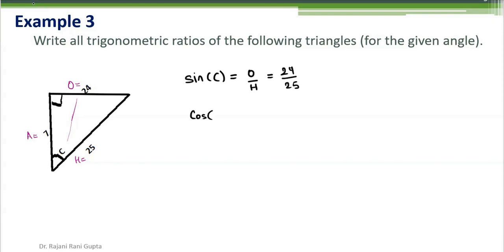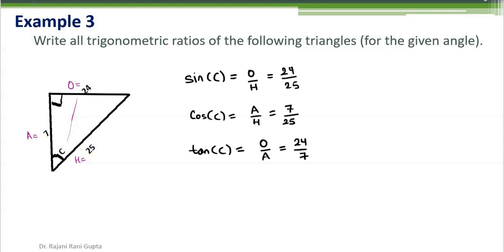Cosine of C is adjacent over hypotenuse. Adjacent is 7, hypotenuse is 25. And tan of C is opposite over adjacent. Opposite is 24, adjacent is 7.